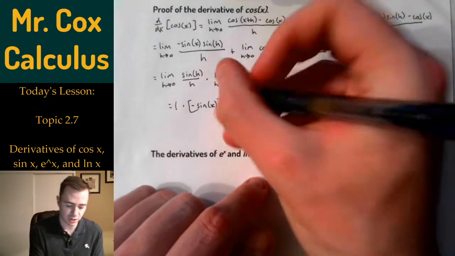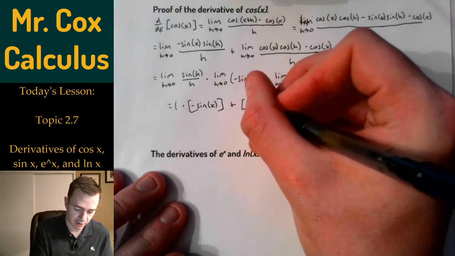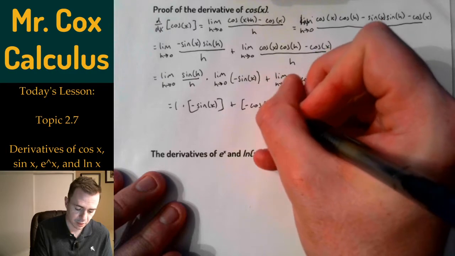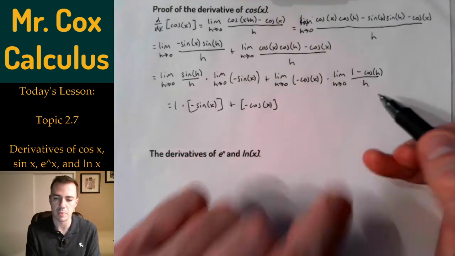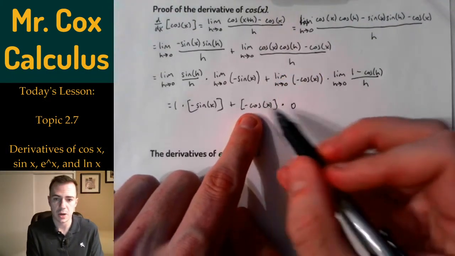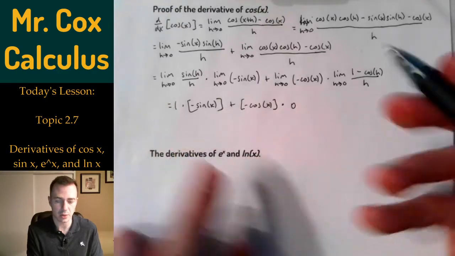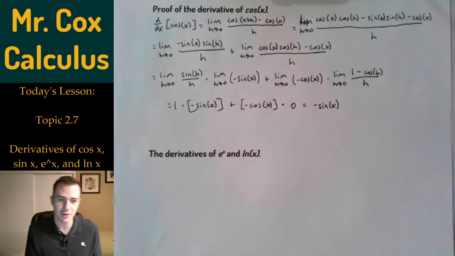The limit as h approaches 0 of negative cosine of x is going to be negative cosine of x. And this limit right here, the limit as h approaches 0 of 1 minus cosine of h over h, is equal to 0. So again, this piece is going to zero out, and what I'm left with is negative sine of x.